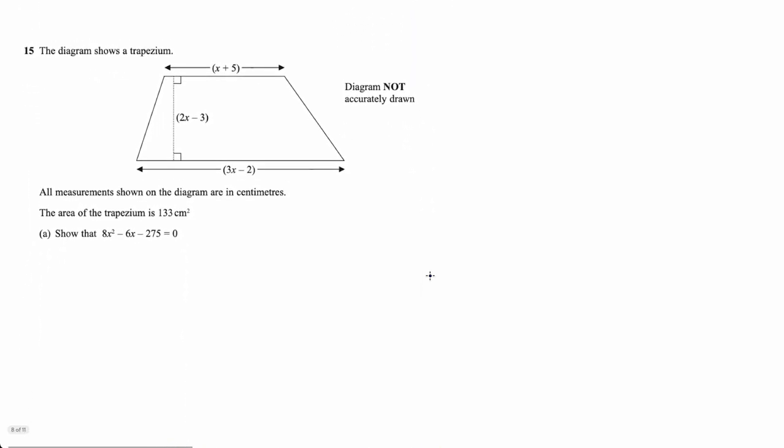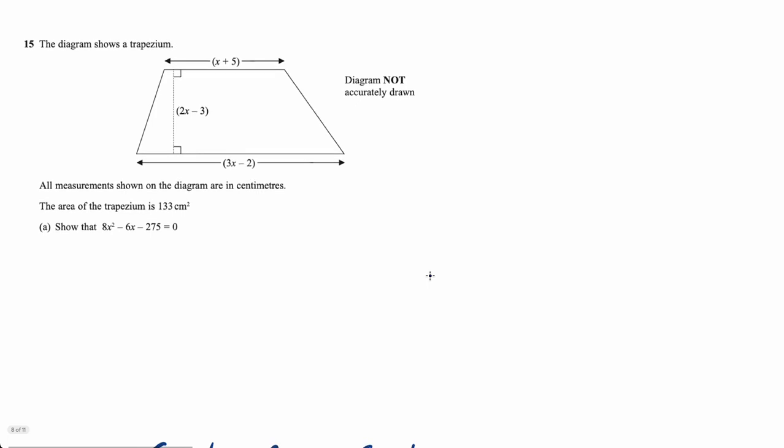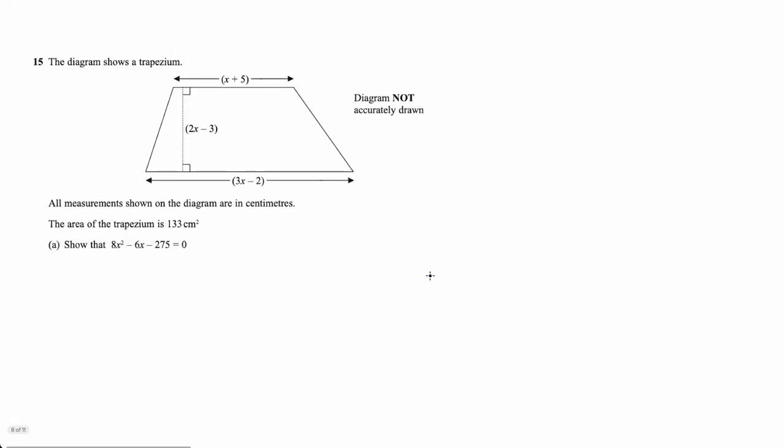Second one, guys, we don't need any trigonometry, but we do need to use some algebra. So what am I going to do? It says the area of the trapezium is this, show this. Now guys, that's kind of your answer. Some students start with this and then they get all confused. That's the answer. Don't worry about it for now.